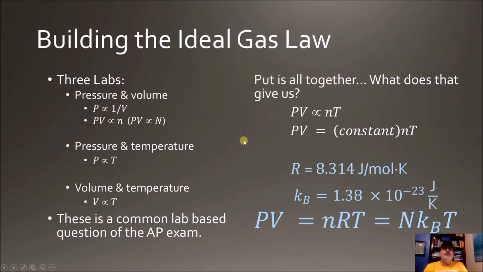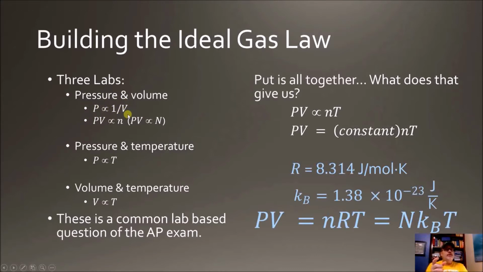So first things first, you remember in class we did a couple of these labs. There are three major labs. One of them is that we took a gas and compressed it to a smaller volume and then measured the new volume and the new pressure. From that lab, we discovered that pressure and volume were inversely related.